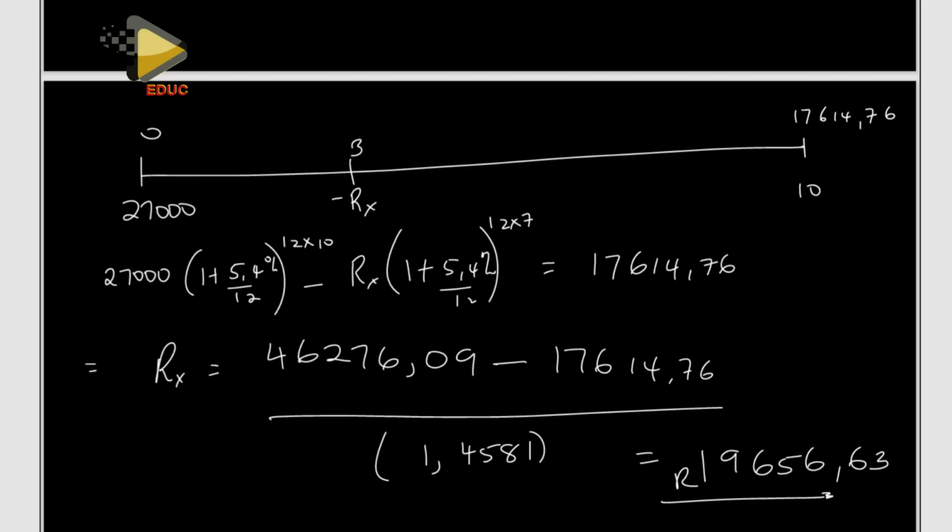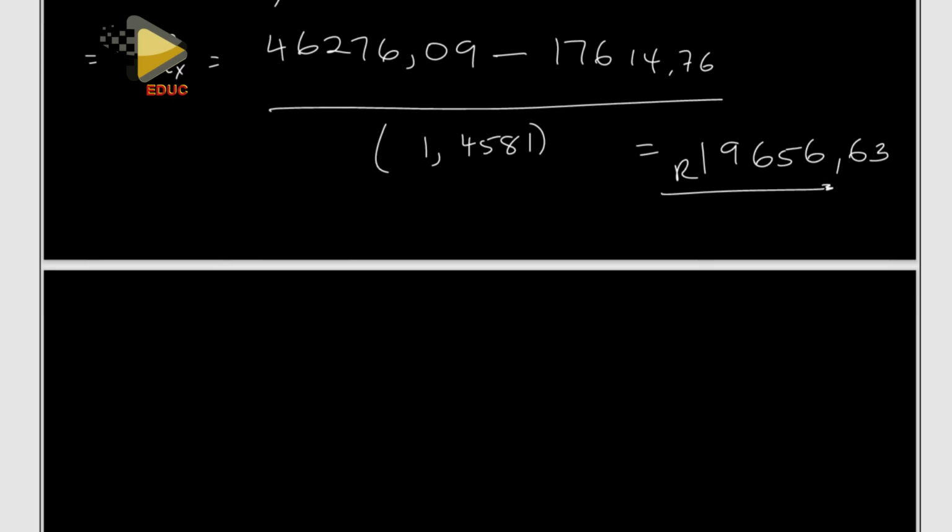Okay, so this is what I'm ending up with, 19656.63. So according to this format, this is what I'm ending up with, but there could be another format where you get the 27,000.